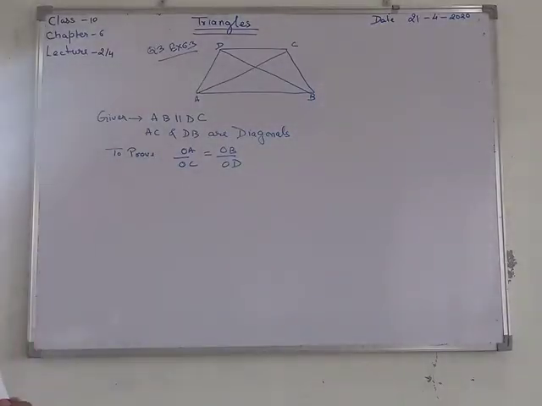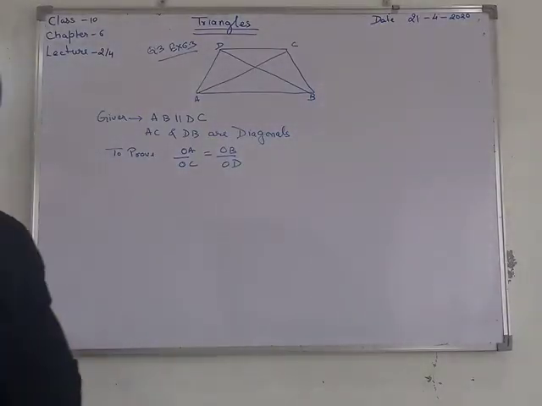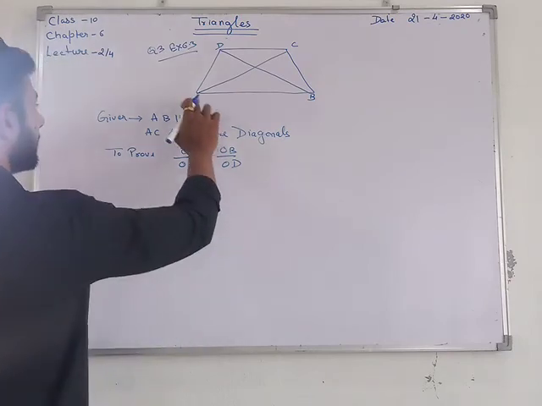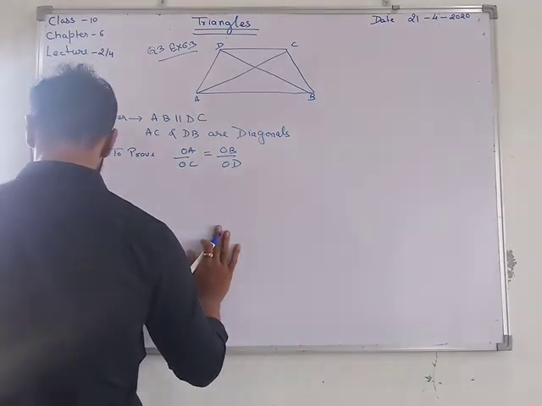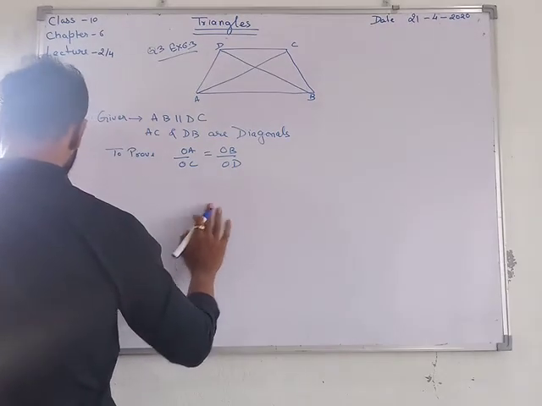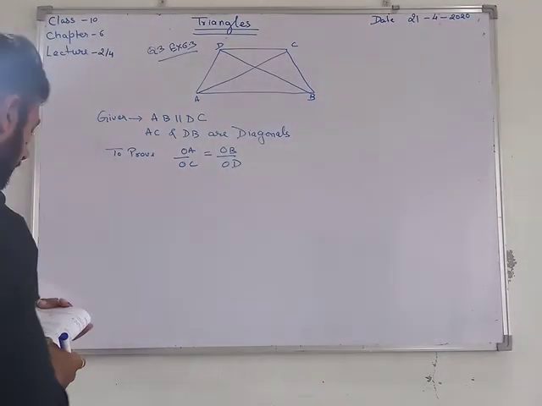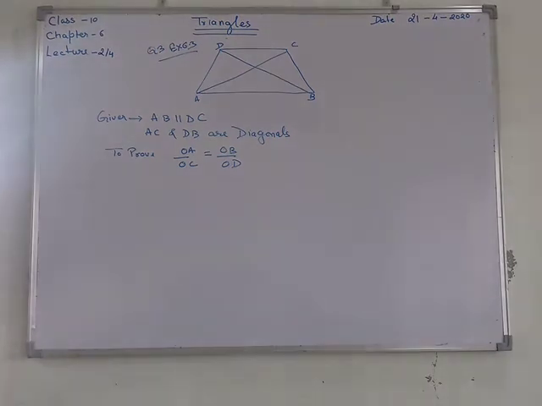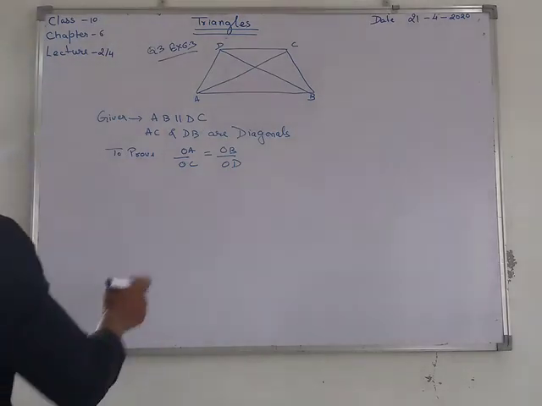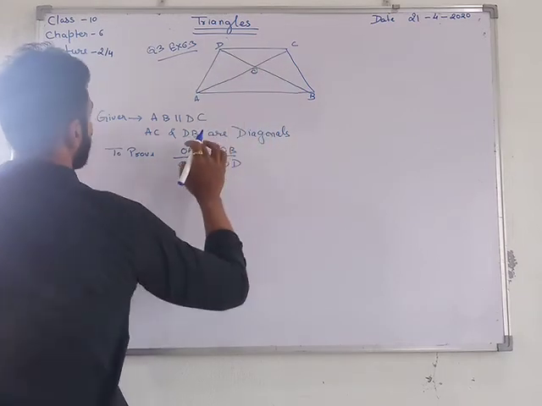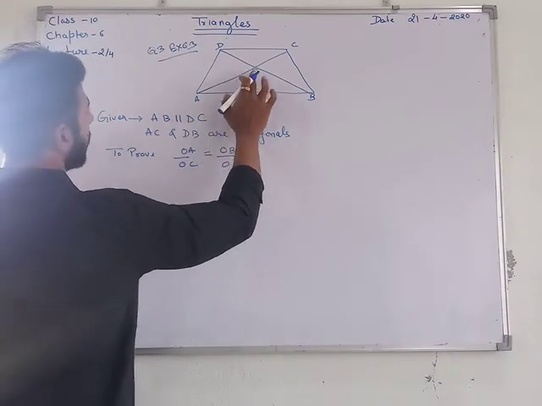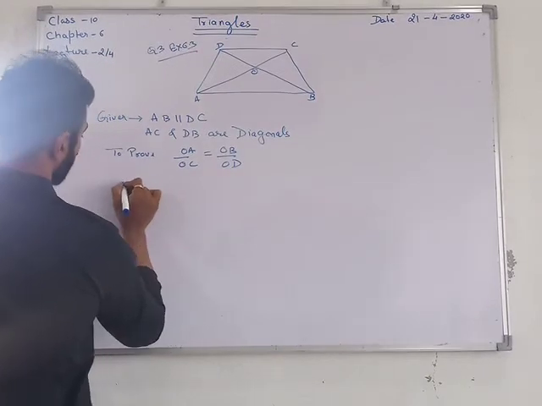Now constructing a trapezium ABCD such that AB is parallel to DC and its diagonals AC and BD intersect at point O. Now we are taking two triangles, triangle OCD and triangle OAB.